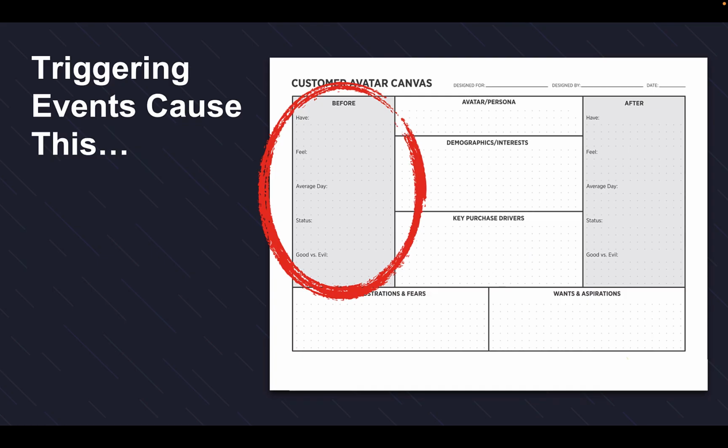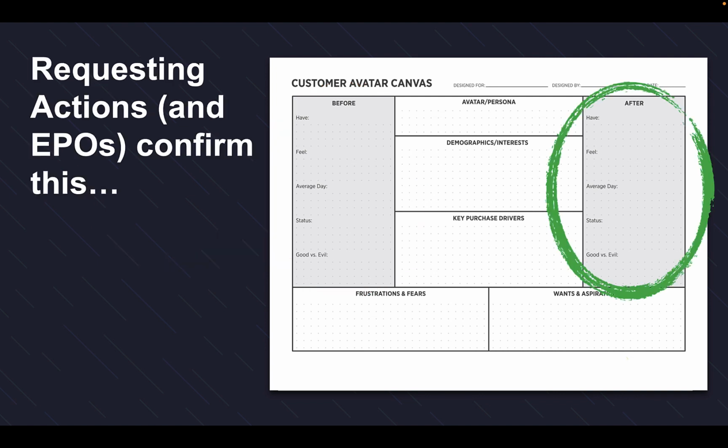So triggering events cause the before stage. Requesting actions confirm the after stage.